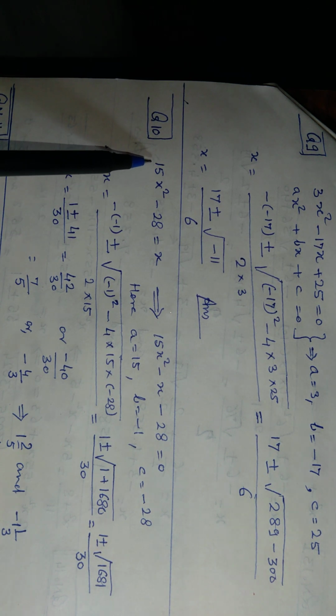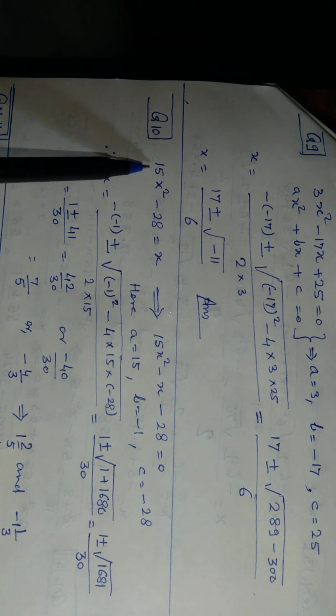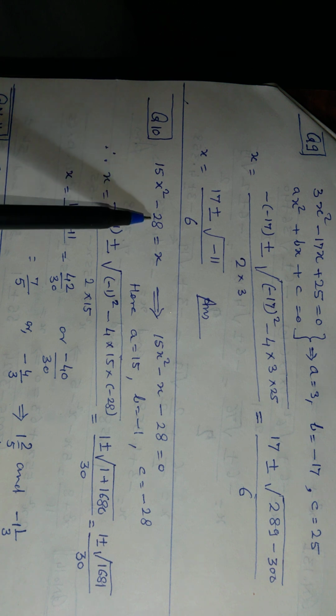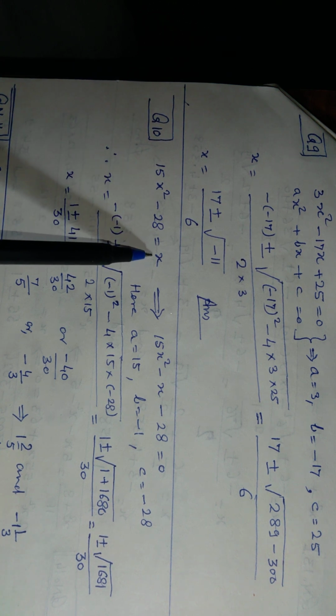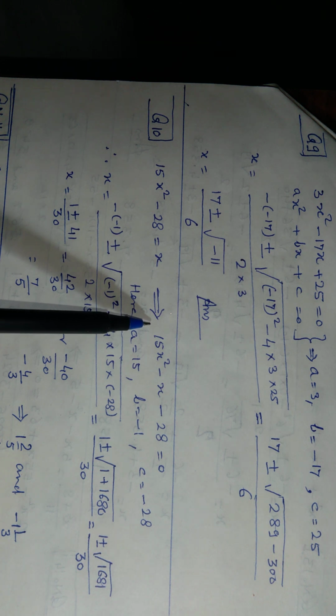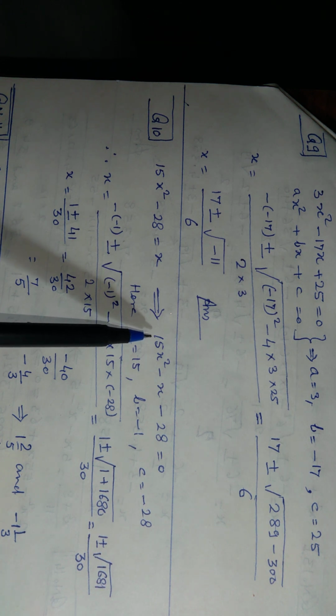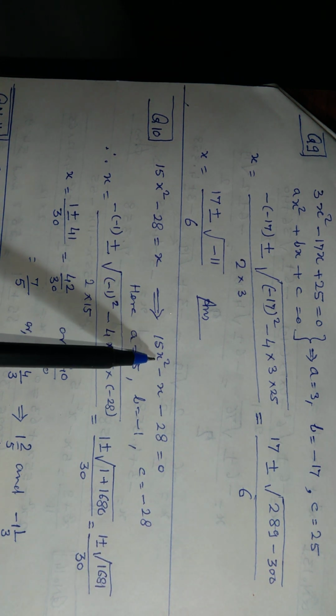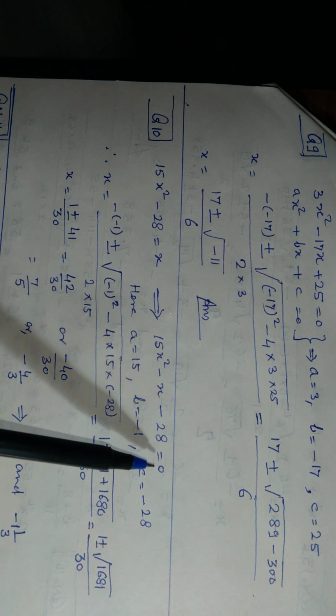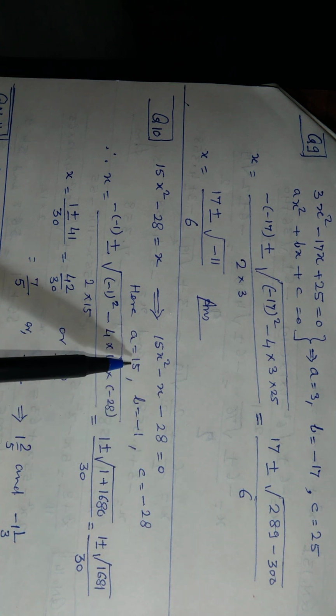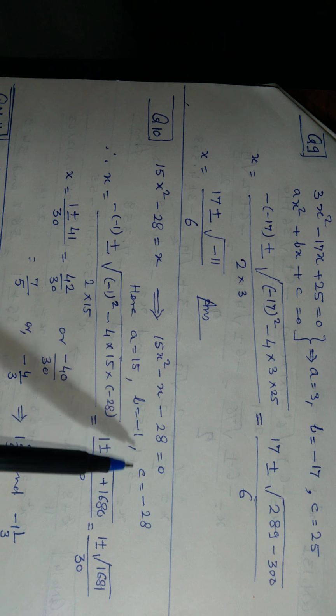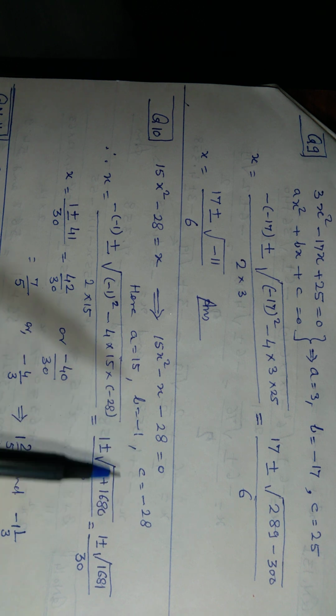Now question number 10, that is 15x square minus 28 equal to x. This can be converted like this by transposing: 15x square minus x minus 28 equal to 0. Here a is equal to 15, b is equal to minus 1, c is equal to minus 28.